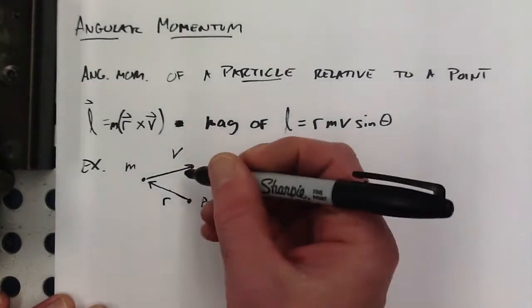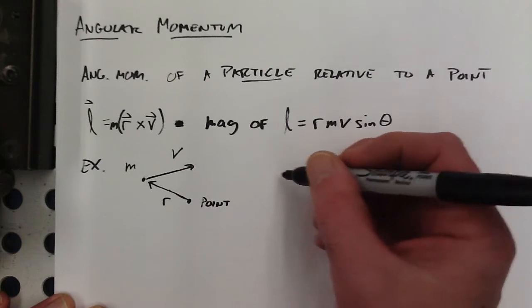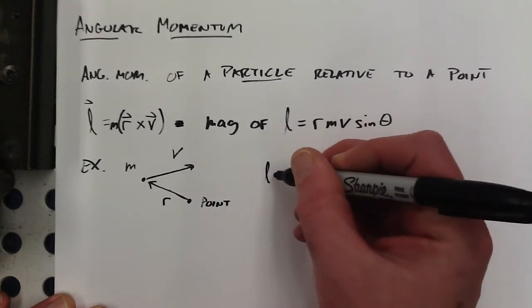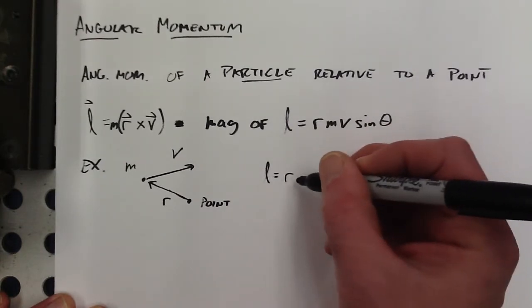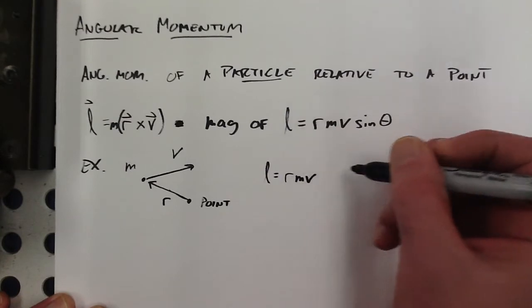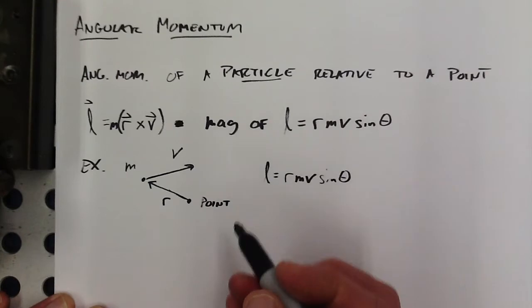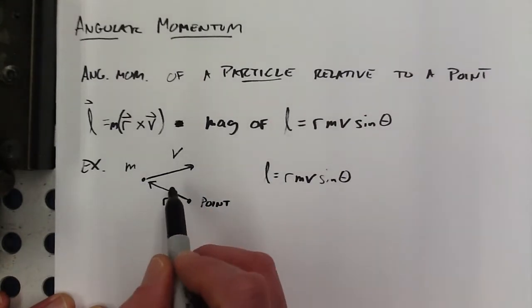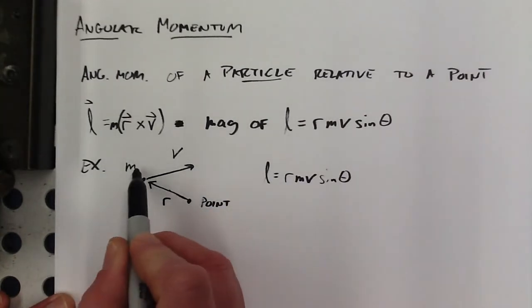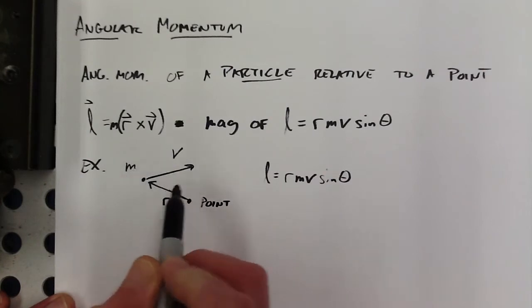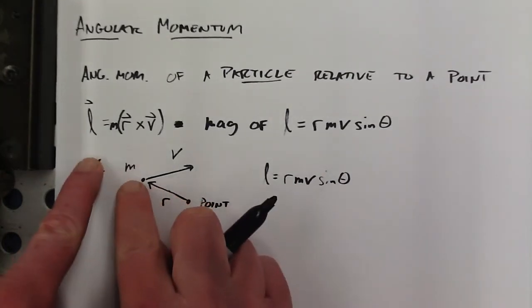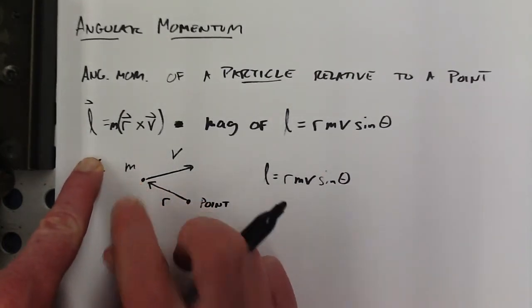Well, you just have to do r m v sine theta, where theta is the angle between them. That's really the obtuse angle here, like if you took the r vector and put it here, like r and v were the two hands of a clock.